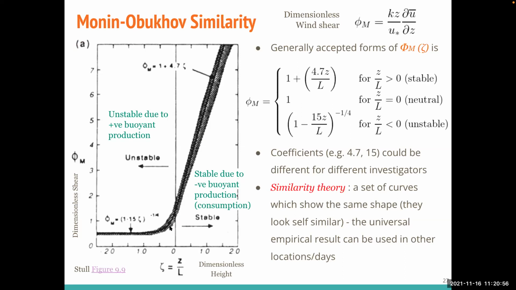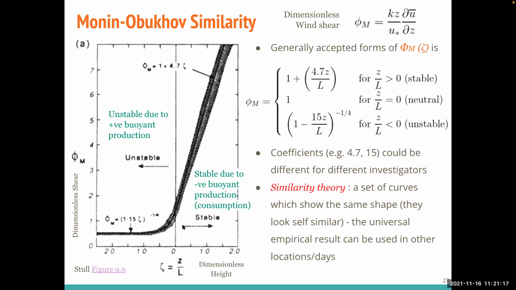And here you have the stable situation. It's stable, so you have negative buoyant production, just buoyant consumption. So the turbulence is generated purely from the mechanical process on the right-hand side.